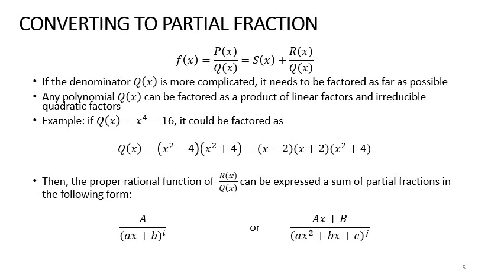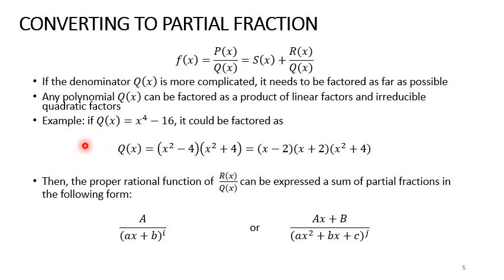Okay, when we want to convert to partial fractions, let's say we are given this function, okay? If the denominator q of x is a more complicated version, it needs to be factored as far as possible. You want to factorize it as simple as possible.